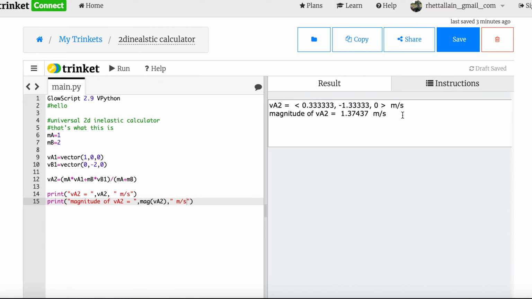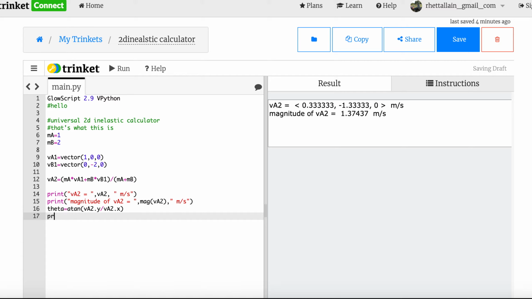That's the magnitude. Oh, wait, we also need the angle. Well, I can do that too. Theta equals, I already said this, it's the inverse tangent, so atan of the y component, which is VA2.y divided by VA2.x.